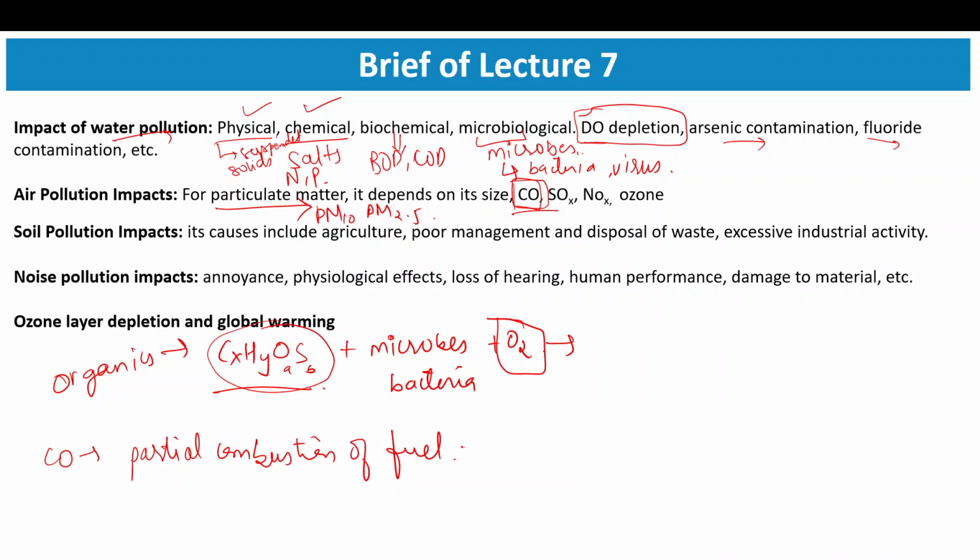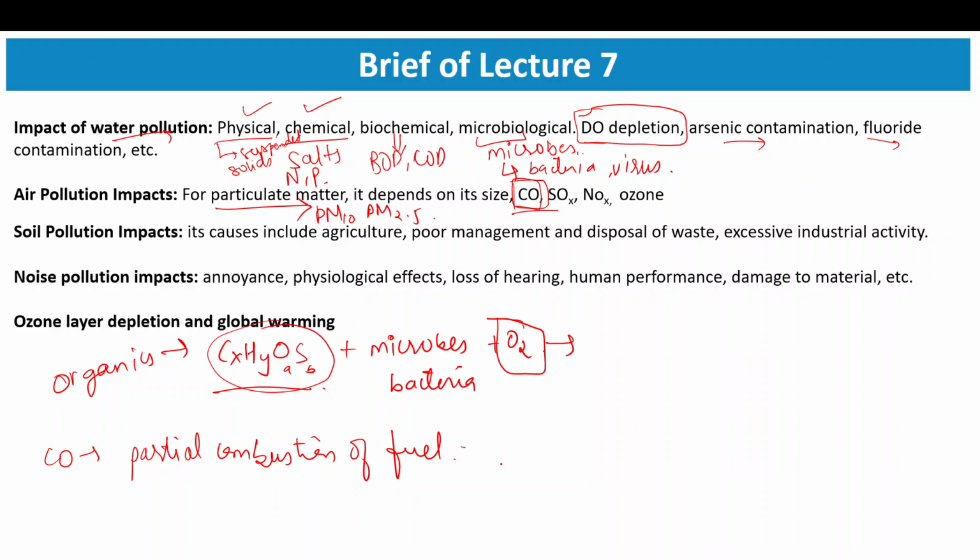Now carbon monoxide, if we inhale, has the tendency to bind with hemoglobin to form carboxyhemoglobin, which is a compound that reduces the oxygen concentration in our blood, because hemoglobin is responsible for taking up the oxygen that we inhale.